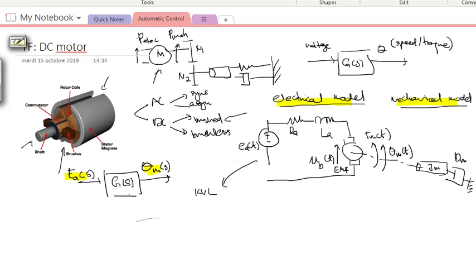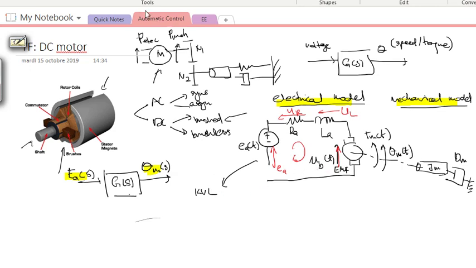In order to write the KVL, you have to identify where the voltages are. So we have in this loop several voltages. There's the power supply, EA. There's another voltage I would call UR, the voltage across the resistance. There's another voltage UL, the voltage across the inductance, and then there's the back EMF, the voltage created by the rotation of the rotor, which we have called UB.